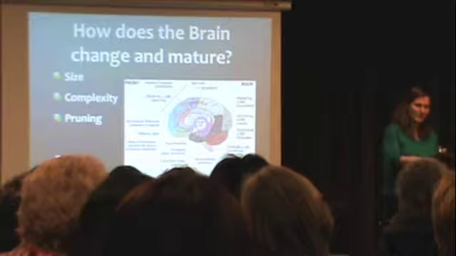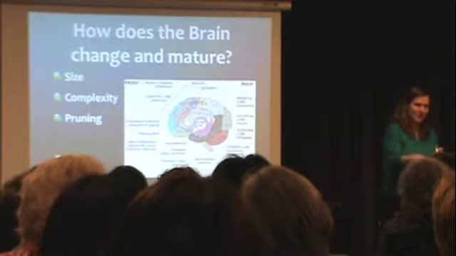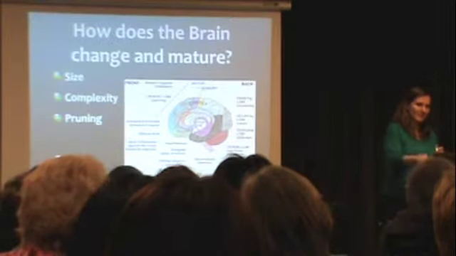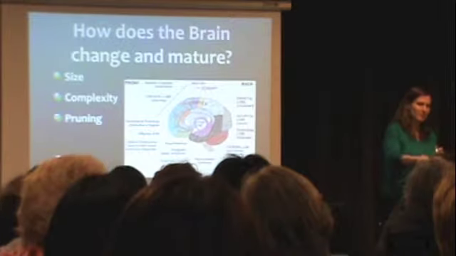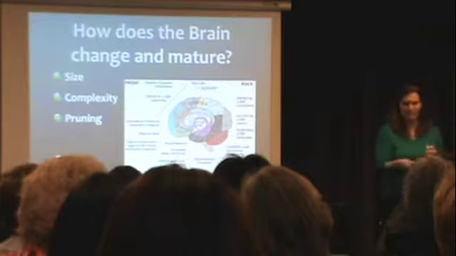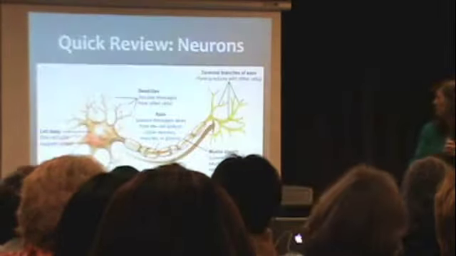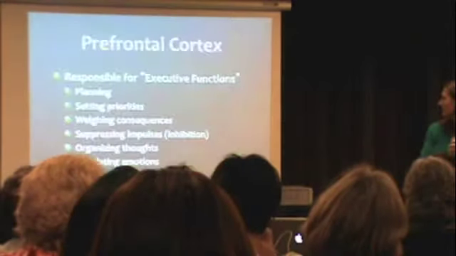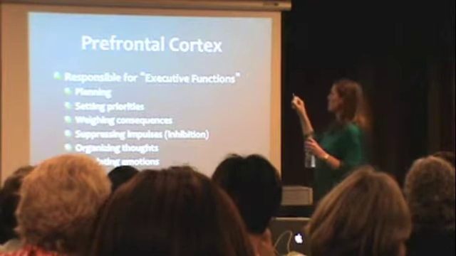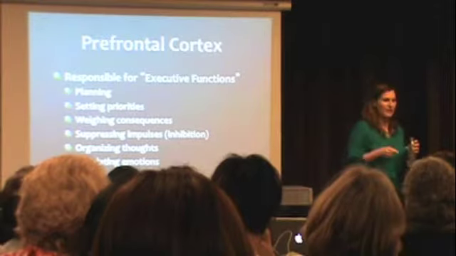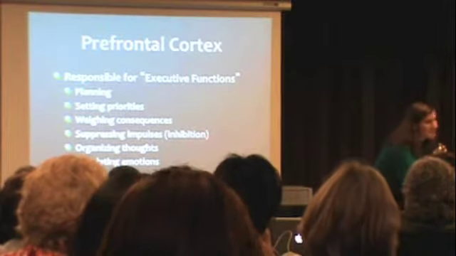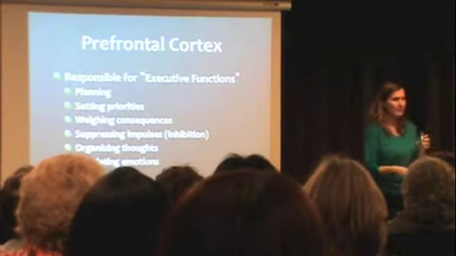So the answer to our question is, when does that pruning stop? When is it considered to be pretty much mature? That occurs when the prefrontal cortex, or this part of your brain, is fully mature. This is the last part of your brain to mature.